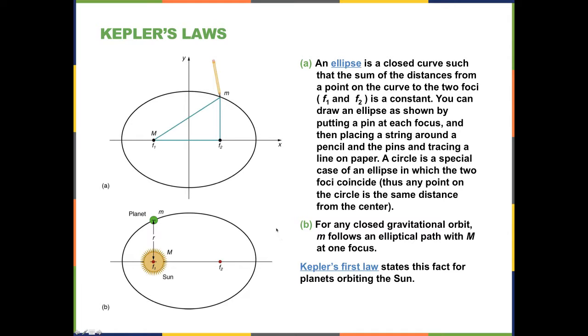Kepler's first law states that for the planets orbiting the sun, the sum of the distances from the planet to the sun and to the other focus remains a constant. So when the planet's over here, you have a very short and a very long distance. When the planet's over here, it's very short and very long, but the sum is always constant. It traces out an ellipse.